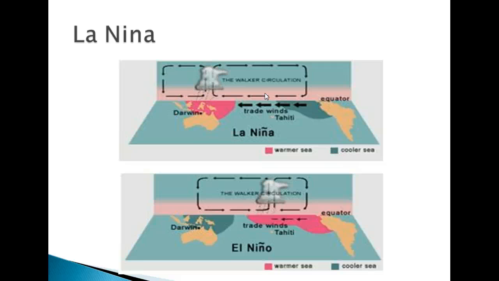Now, on the western side of the Pacific, rainfall is generally heavier than normal, but on the eastern side, the rainfall is reduced with cooler temperatures. That's us. So La Nina is exactly the opposite of El Nino. In El Nino, we get warmer and wetter. In La Nina, we get cooler and drier temperatures. So you need to know the difference between those two.